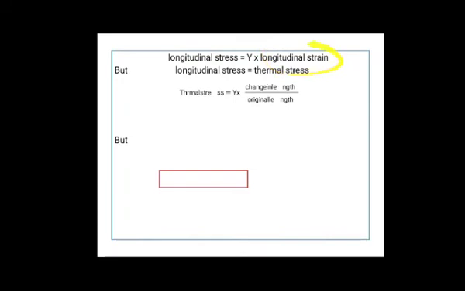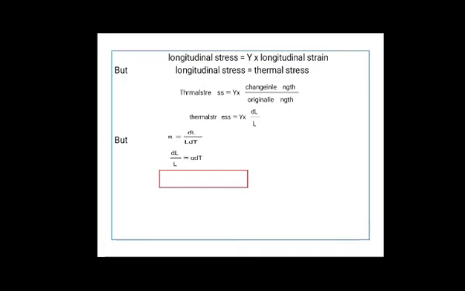How to calculate longitudinal strain? Longitudinal strain is nothing but the change in length divided by the original length. So change in length is dl, original length is L. So thermal stress can be written as Y into dl divided by L. But just now we have learnt the coefficient of linear expansion alpha is dl divided by L into 1 divided by dt.